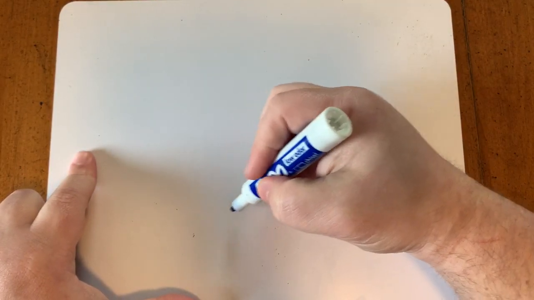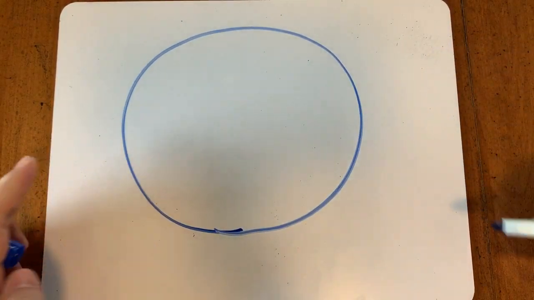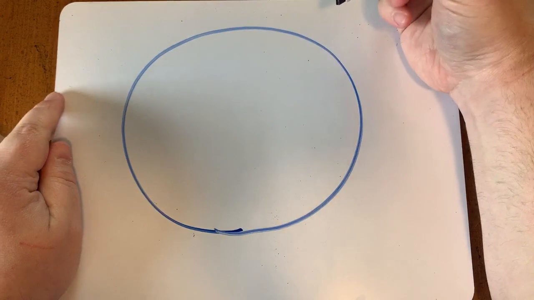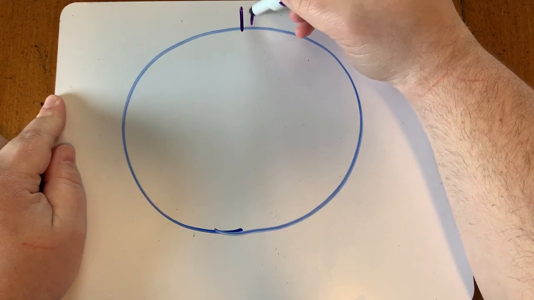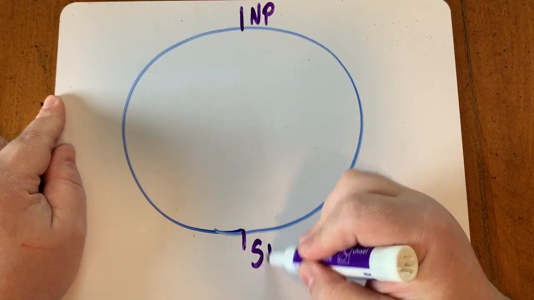And to do that, we've made two types of lines. In spherical geometry, a line is a great circle. A line is a great circle. And the great circles that we use are ones that connect the North Pole and the South Pole.